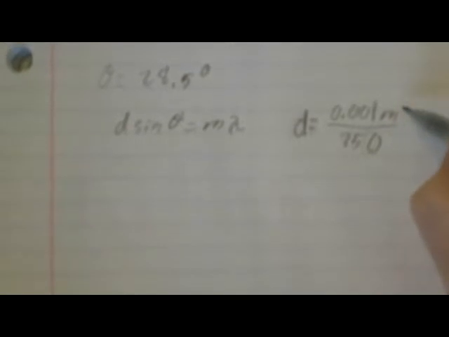Alright, so the equation that we want to use is d times the sine of theta is equal to m times the wavelength. And the diffraction grating that we used had 750 lines per millimeter. So to find d, we do 0.001 meters over 750, since we had 750 lines per millimeter.